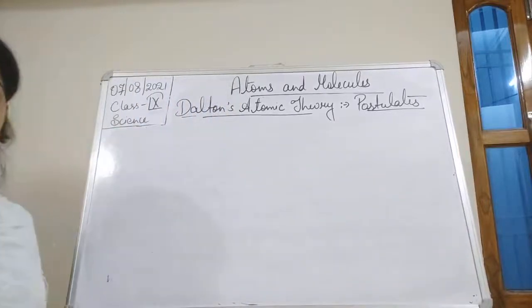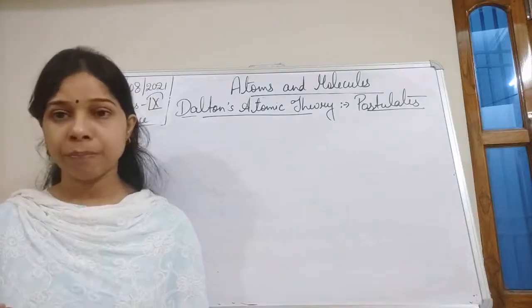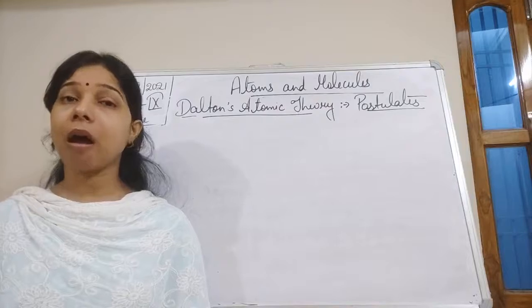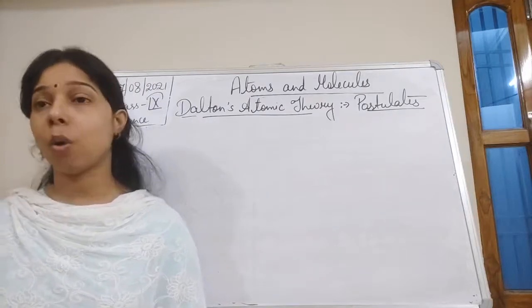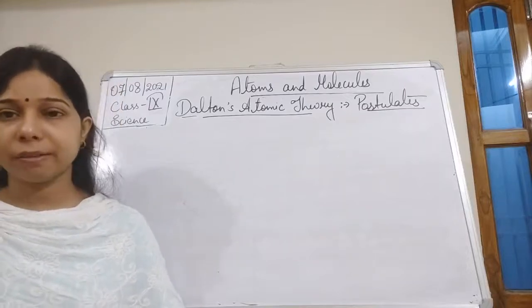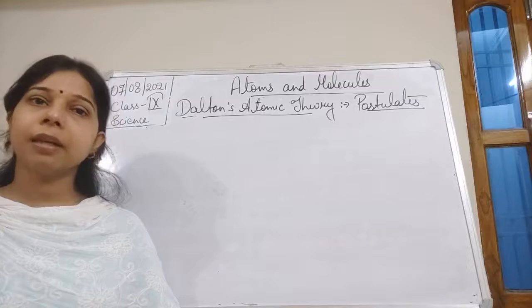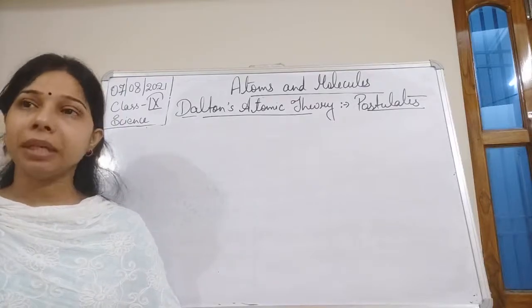At first, students, he said that atoms are the smallest unit, such a small unit that they are not divisible at all. It means they are indivisible particles. They cannot be divided further. The second, he explained, is that they cannot be created nor destroyed.